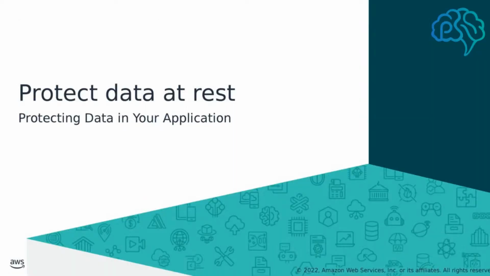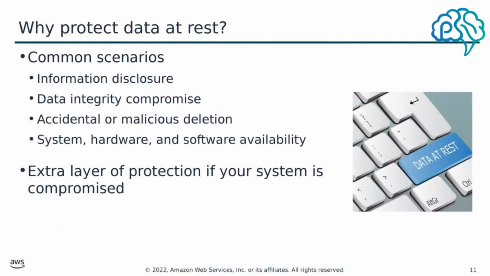So let's go ahead and talk about how to protect the data at rest, which is a critical step in reasoning about data. If we think about what the main concerns are here, it's important to encrypt the data when it's at rest so that it's secure.